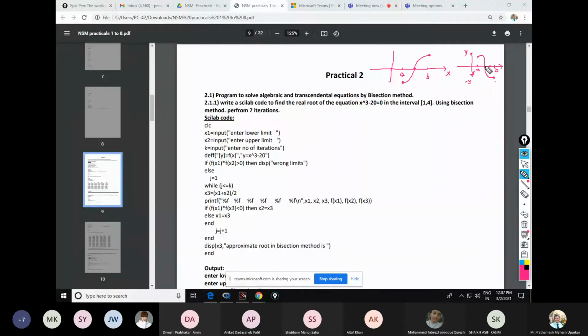The function will cross the x-axis. Can I say that my graph is passing through the x-axis?